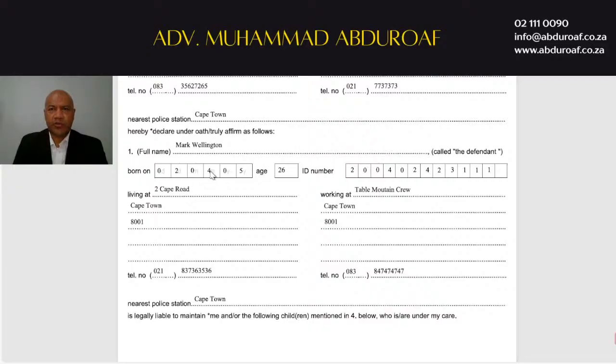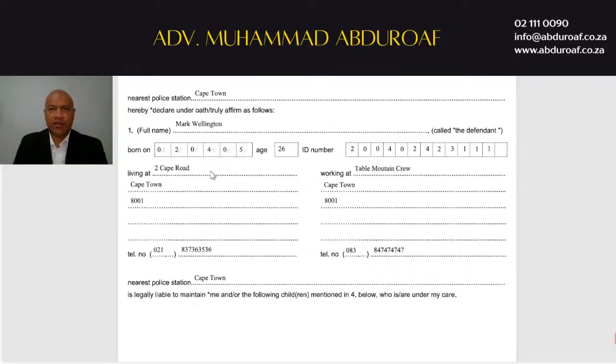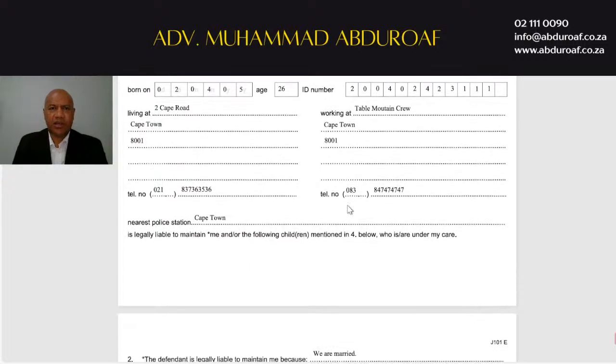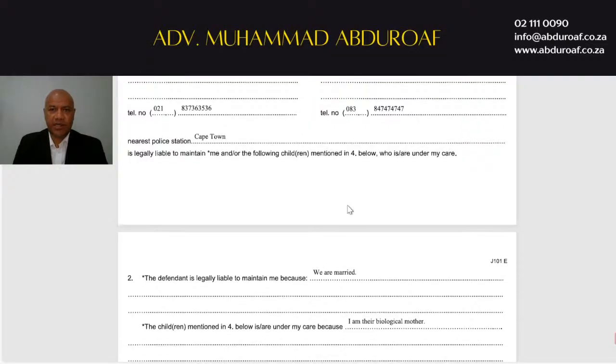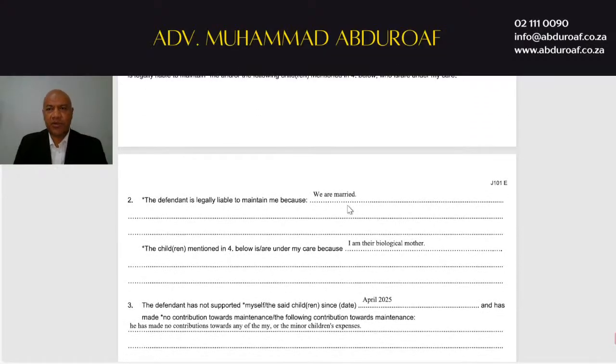In this case, it would be the spouse and the father of the children referred to below. You do the same: home address, work address, contact numbers. If you want to, please insert the email address as well. It may be useful.